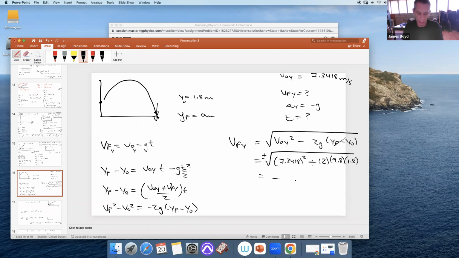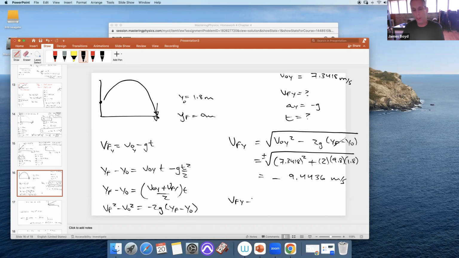That negative sign is important. Don't forget it. 7.3418 times 7.3418 plus 2 times 9.8 times 1.8. I get 9.4436 meters per second.